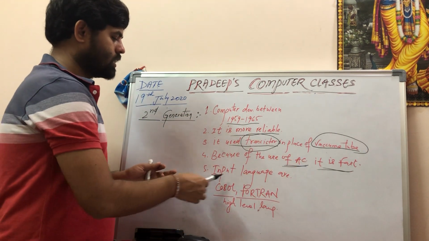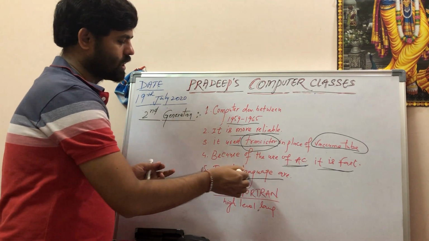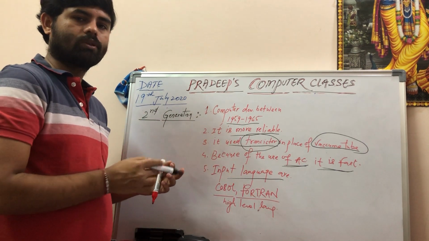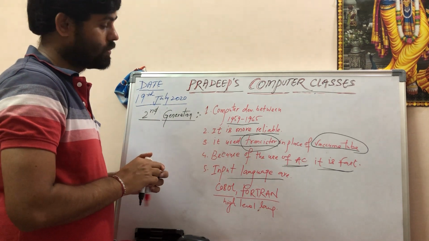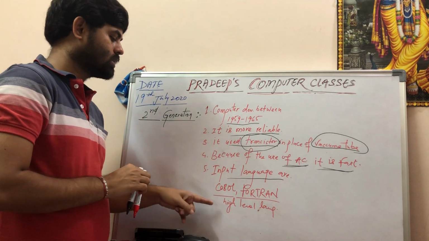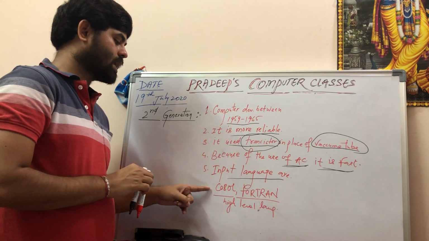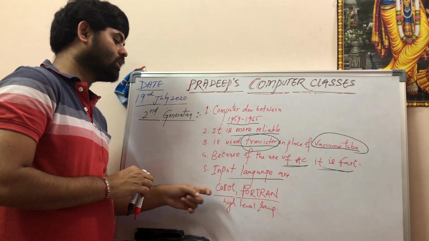And next is the input method, the input language. In the first generation we said the data input method was something else, but here the data input method is different languages. In these languages you can insert the data, that is COBOL and Fortran.